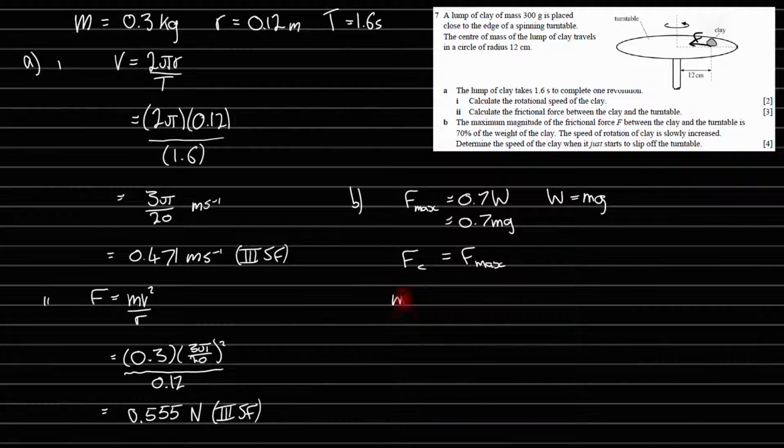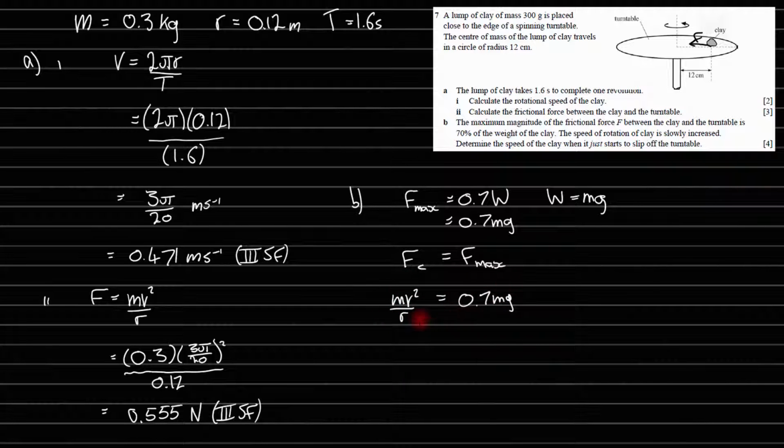Let's use mv squared divided by r, using this version as we're wanting to determine the speed, and that is equal to the equation that we've just shown, 0.7 mg. And all we need to do now, as we know the radius, we know g, we can just rearrange to make speed the subject.